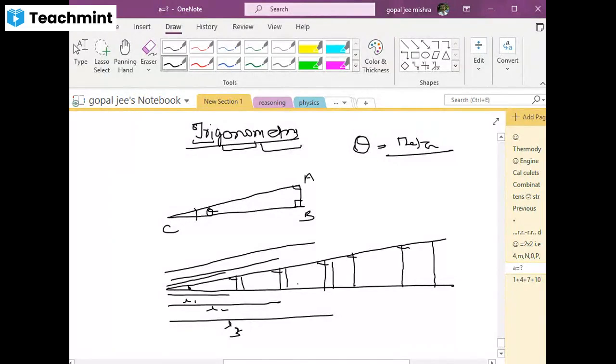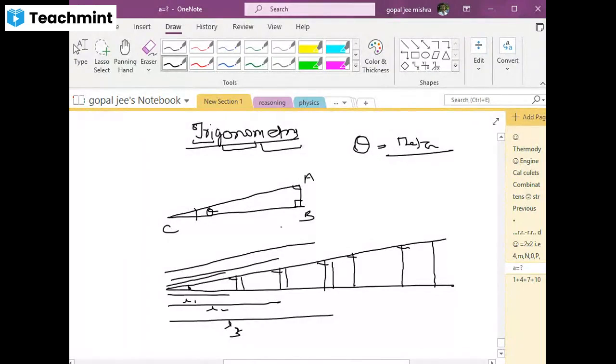So BC can be related to AC, BC can be related to AB, AC similarly can be related with BC, AB can be related with BC, and BC can be related to itself. If you count the ratios, there are 6 ratios.